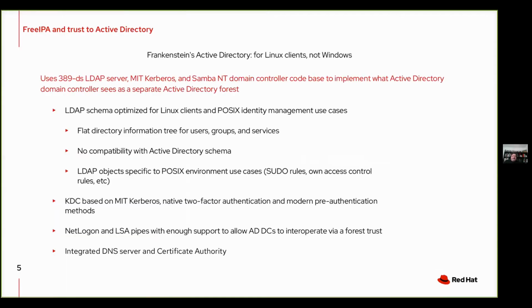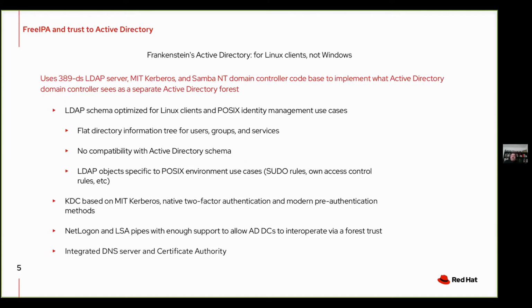We keep calling this Frankenstein Active Directory. It's like Active Directory, but for Linux, not for Windows clients. IPA uses a lot of different technologies, combining them together. One of the differences with Samba AD, for example, is that it still uses the Samba NT domain controller code base to implement what Active Directory sees as a separate Active Directory forest.